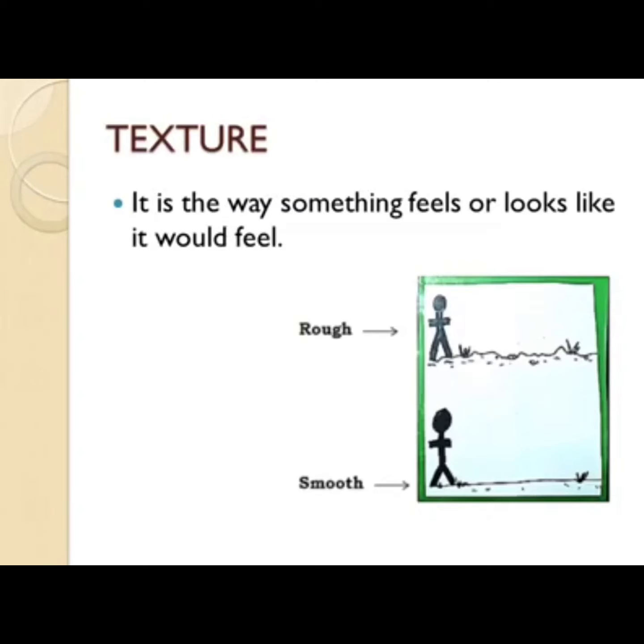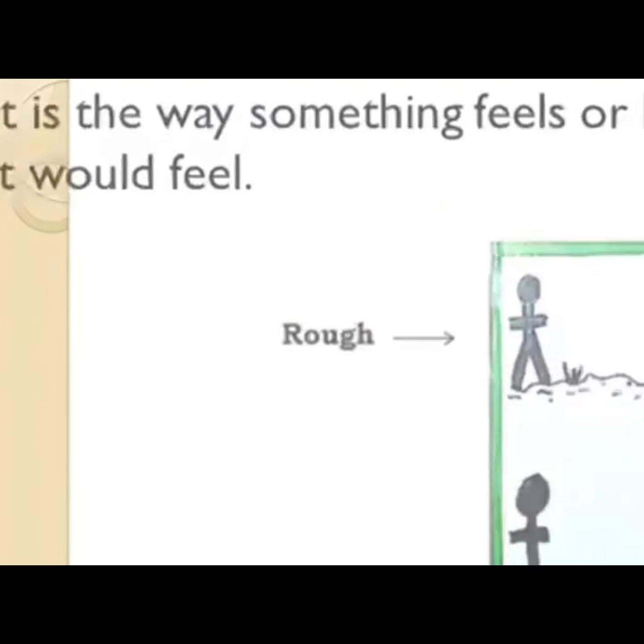Okay, so look at the picture on the top. You can say it is rough because of the rough surface, as we can perceive it. And the picture below is smooth because of the straight line being perceived and portrayed in the picture.